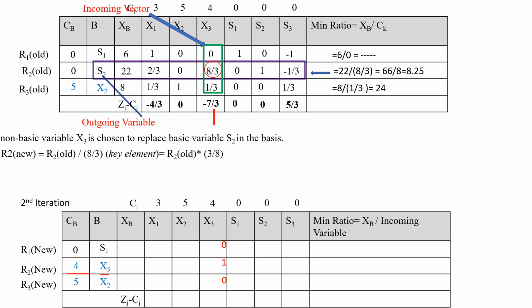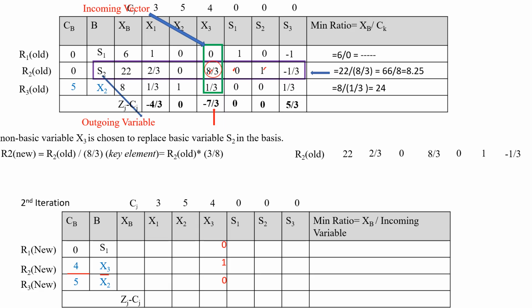So first I have to write down the R2 old elements, that is 22, 2 by 3, 0, 8 by 3, 0, 1 and minus 1 by 3. Then I have to multiply with 3 by 8.